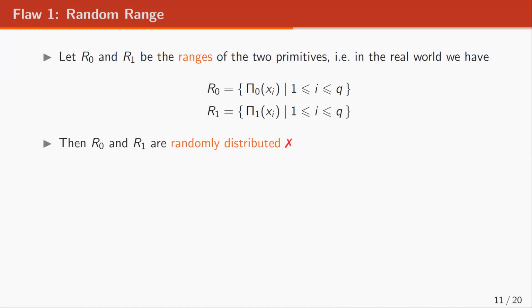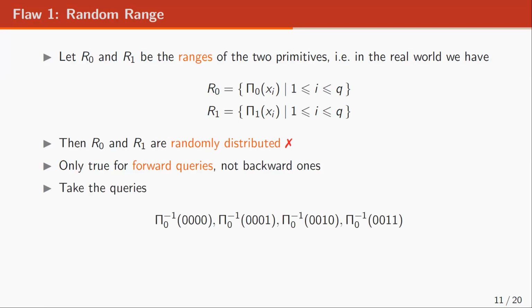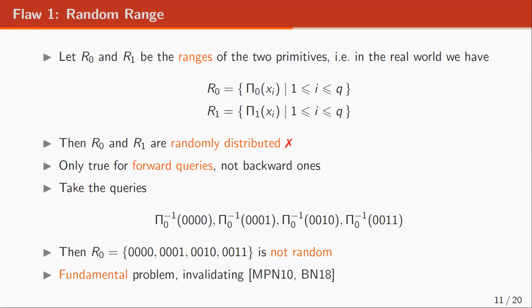But that is not the case, because the randomness only holds for forward queries and not for backward ones. If we simply make four inverse queries on four fixed elements, then this range will always be the set of these four elements, and that is definitely not random. This really is a fundamental problem that you cannot easily fix by some additional steps, so that really invalidates the 2010 and 2018 works.